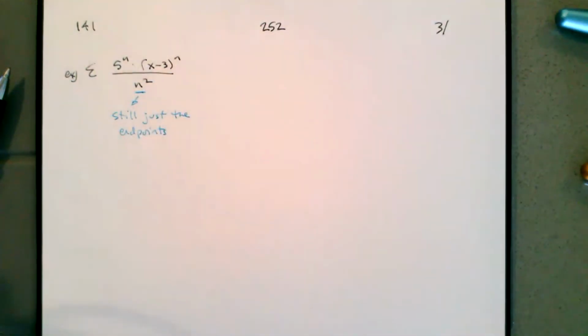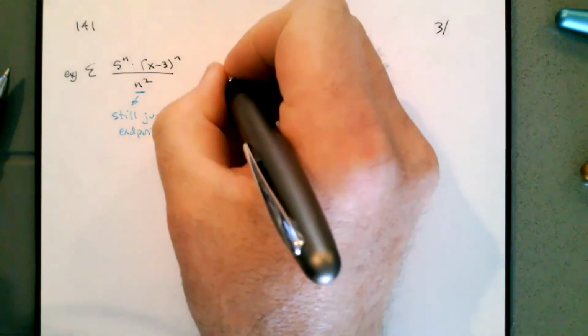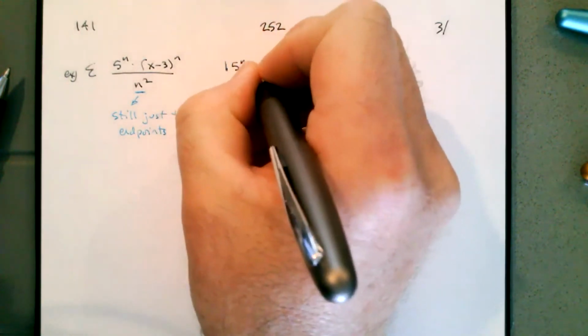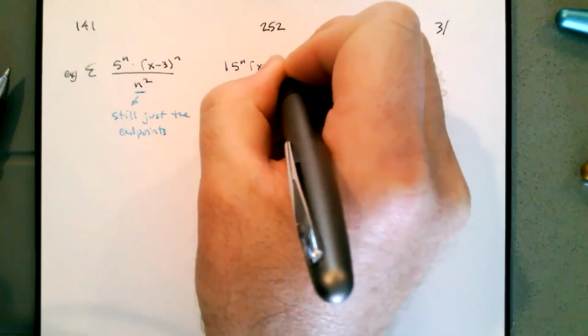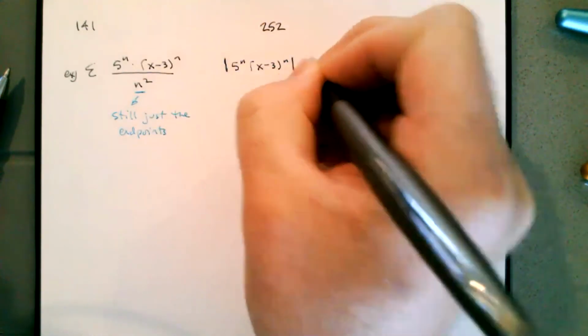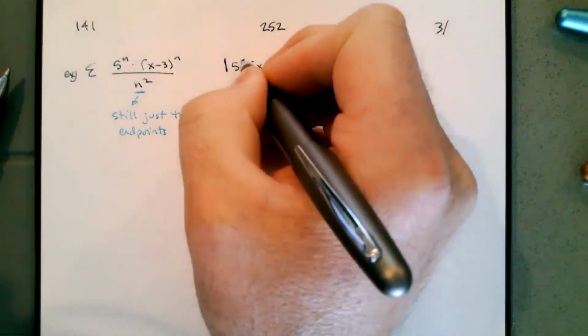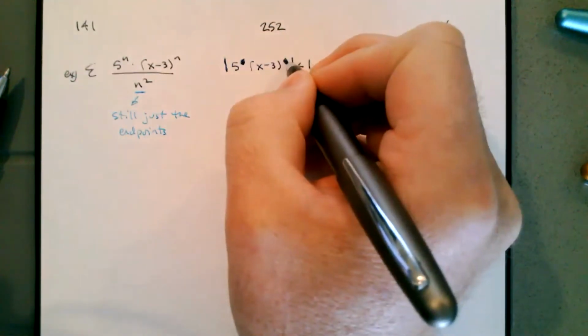So if we just ignore the n squared part and just think of the radius of convergence for the geometric part, I have the absolute value of 5 to the n times x minus 3 to the n has to be less than 1, because that's a geometric series. Sorry, the n is not part of the common ratio.